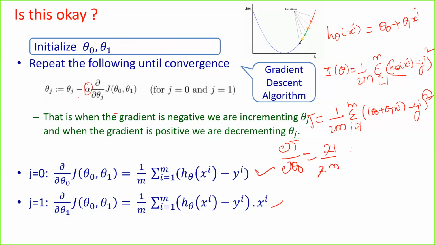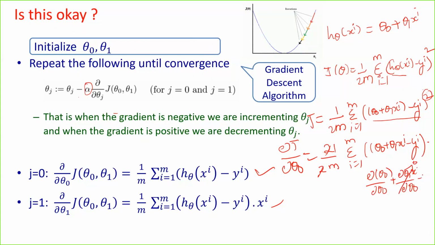So sum over i equal to 1 to m of theta naught plus theta 1 xi minus yi, times the derivative of this again, which is equivalent to 1, because the rest is 0. Derivative of theta naught with respect to theta naught is 1, plus derivative of theta 1 xi with respect to theta naught, which is 0, and derivative of yi with respect to theta naught, also 0.